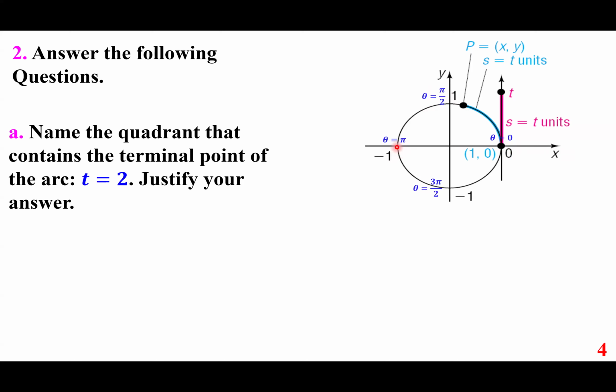This is 180, it's a straight angle, everybody, which is half of a revolution. That is theta equals pi or 180 degrees. If you end up here, it's 270 degrees or 3 pi over 2. A complete revolution brings you back to 0 or 2 pi or 360 degrees.